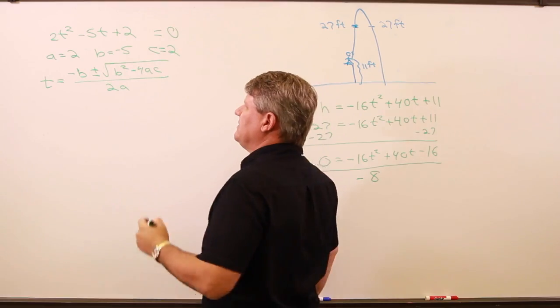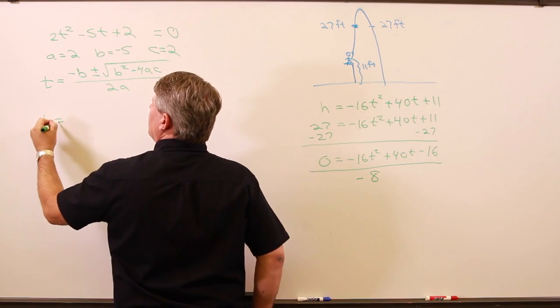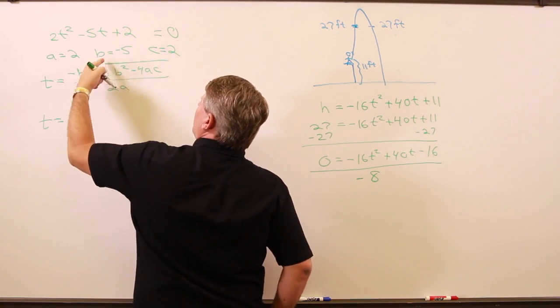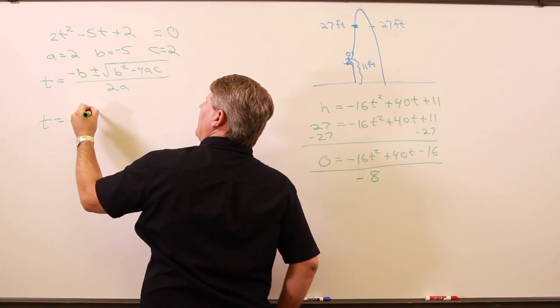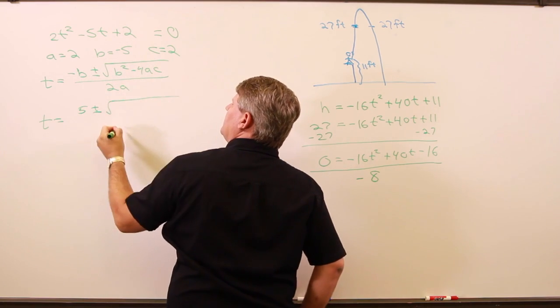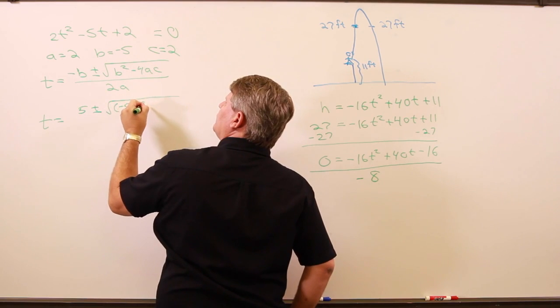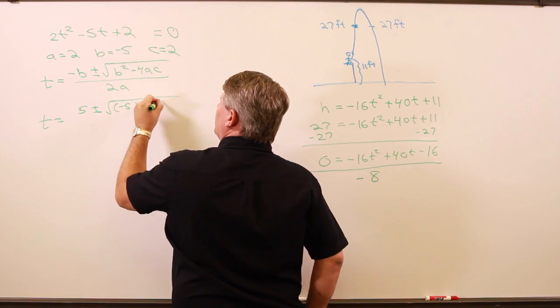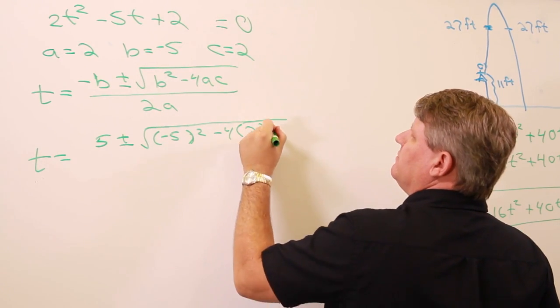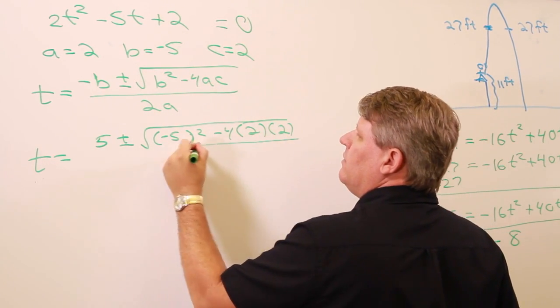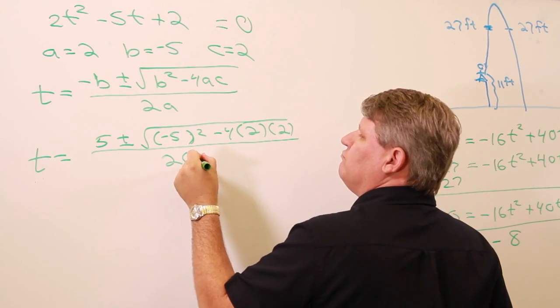So I'm going to work this out and plug everybody in. Negative of negative 5, if my b is negative 5, then negative b will be positive 5, plus or minus the square root of negative 5 squared minus 4 times positive 2 times another positive 2, over 2 times 2.